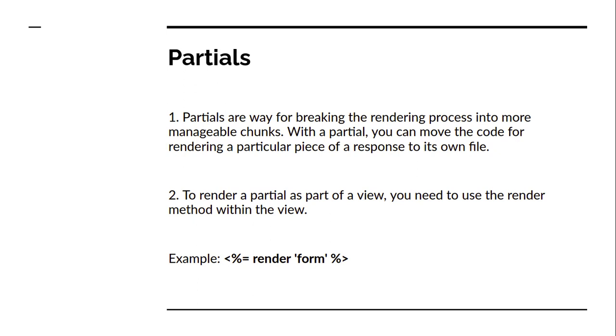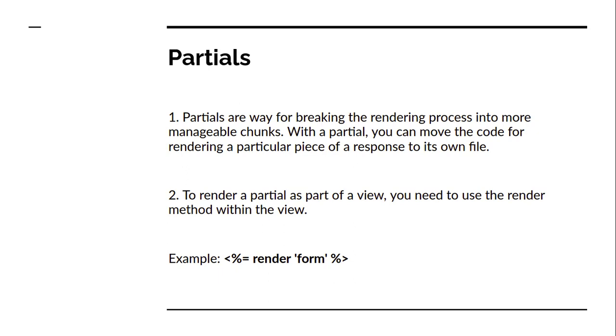With a partial, you can move the code for rendering a particular piece of a response to its own file. To render a partial as part of a view, you need to use the render method within the view. For example, here you can see on the screen that I'm rendering a form partial.